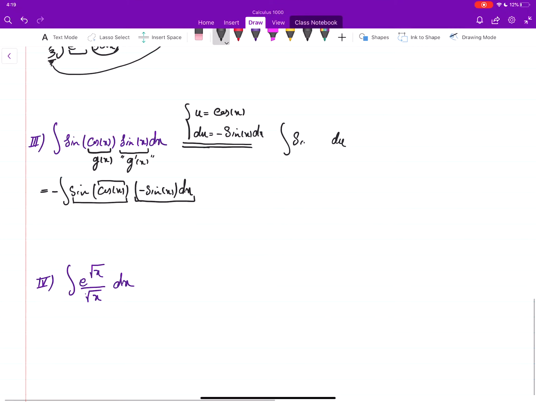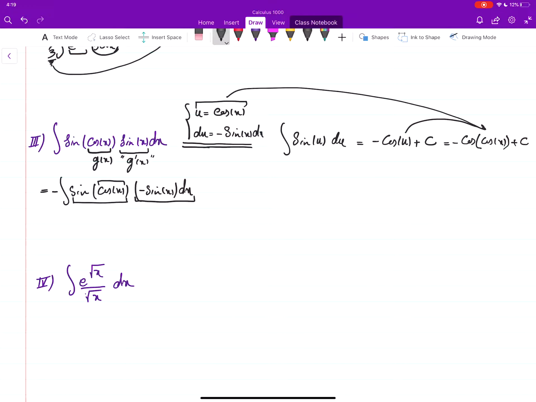So sine u. What is antiderivative of sine u? This is negative cosine u plus c. We are not done. You have to put back in what was your g(x) chosen to be. So minus cosine of cosine x plus c. I chose u to be cosine x. That's where I have that cosine come.